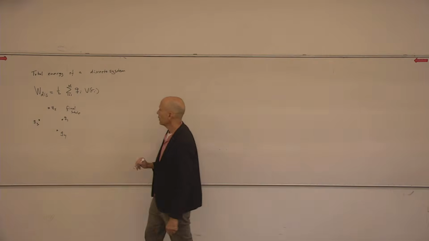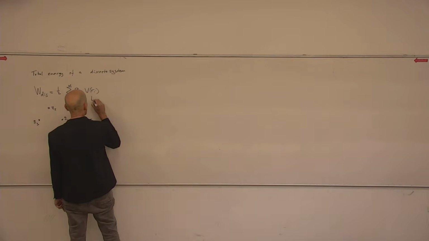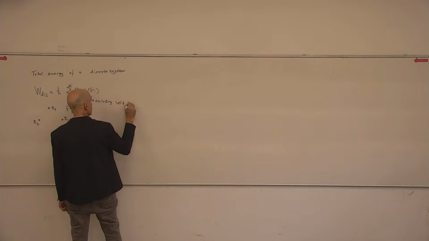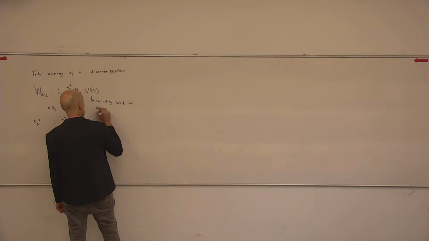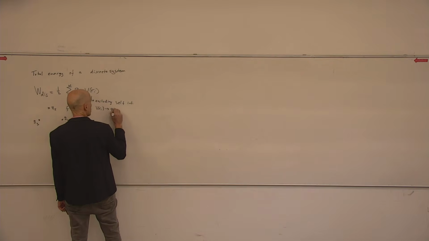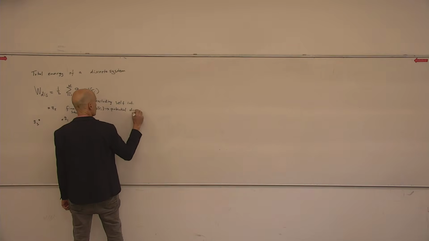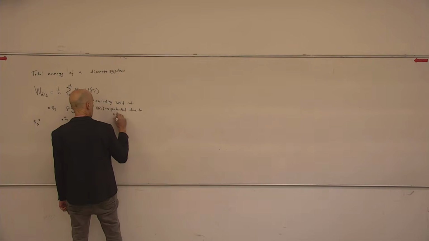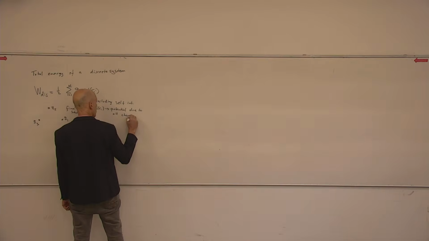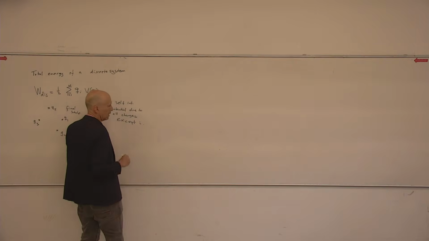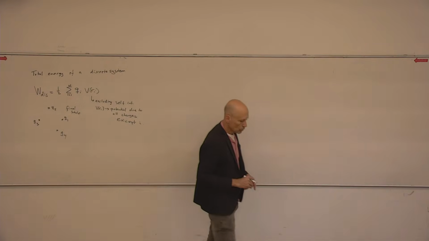So this one is excluding self-interaction. So VRi is the potential due to all charges except particle i.